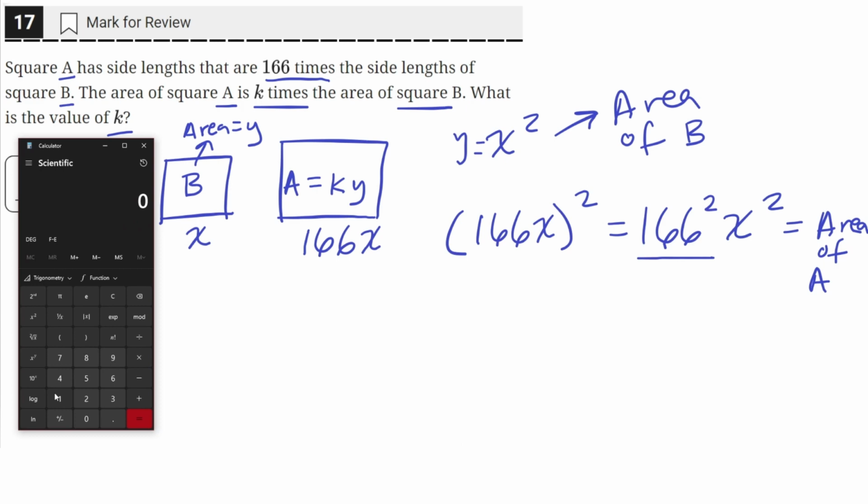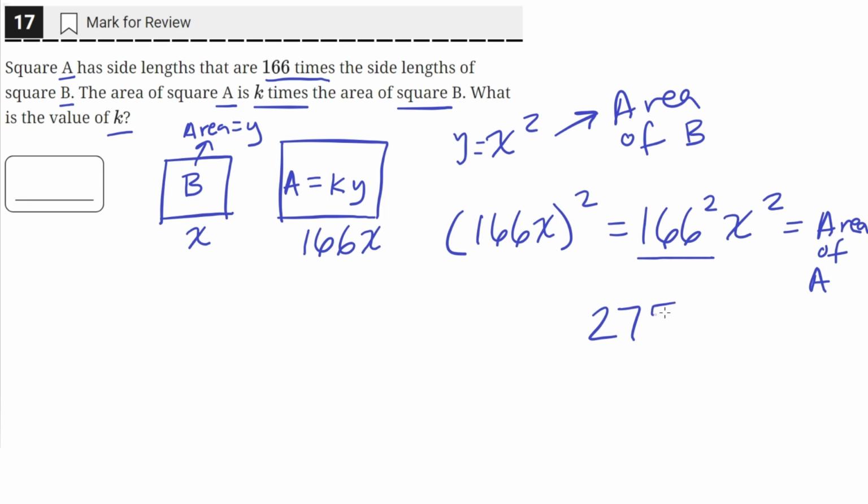So 166 times 166 is just equal to 27,556.